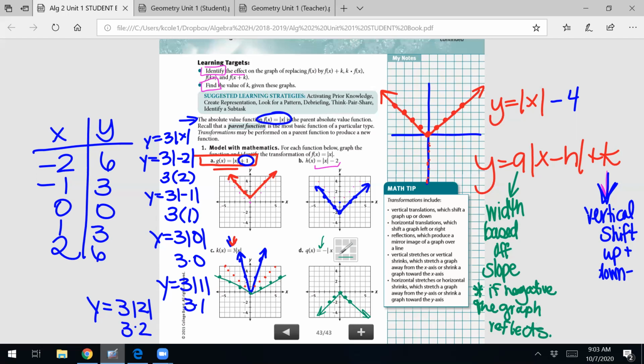Okay, so it's positive, stays positive, but if it's negative, it's going to reflect it over the x-axis. Okay, it can make it steeper and reflect it. So if you had like a -2 in front, that 2 itself is going to make it steeper. The negative is going to reflect it.